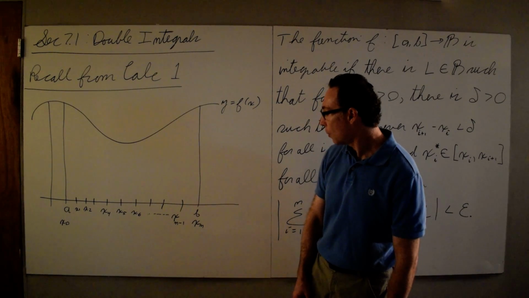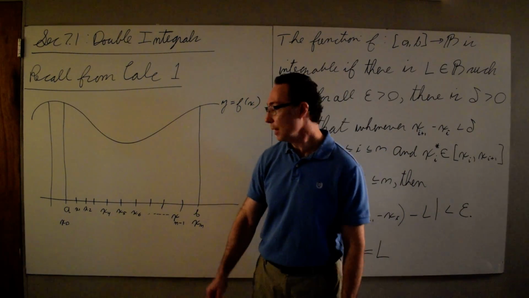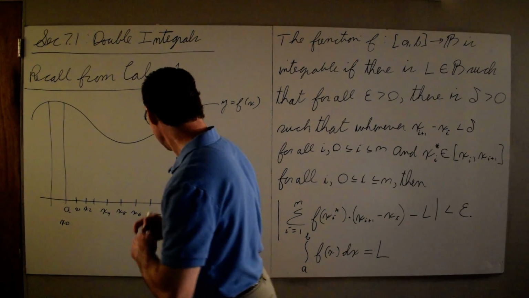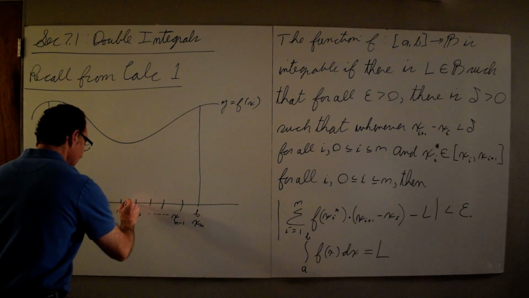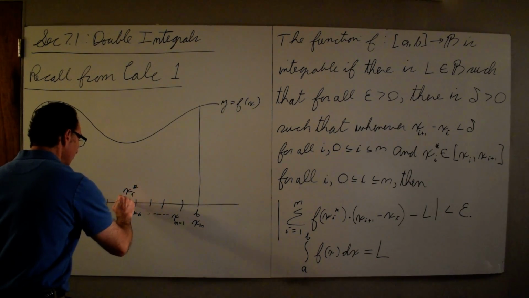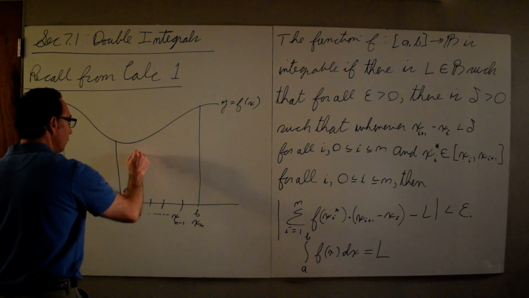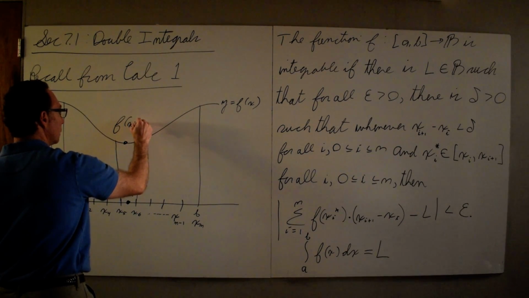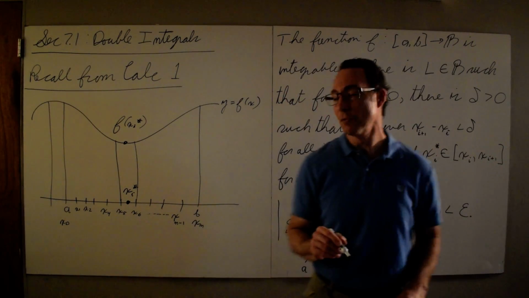And so what we want to do basically is we took a representative right here, call it an x sub i star, right? And then we looked at f. So we looked at the function value.